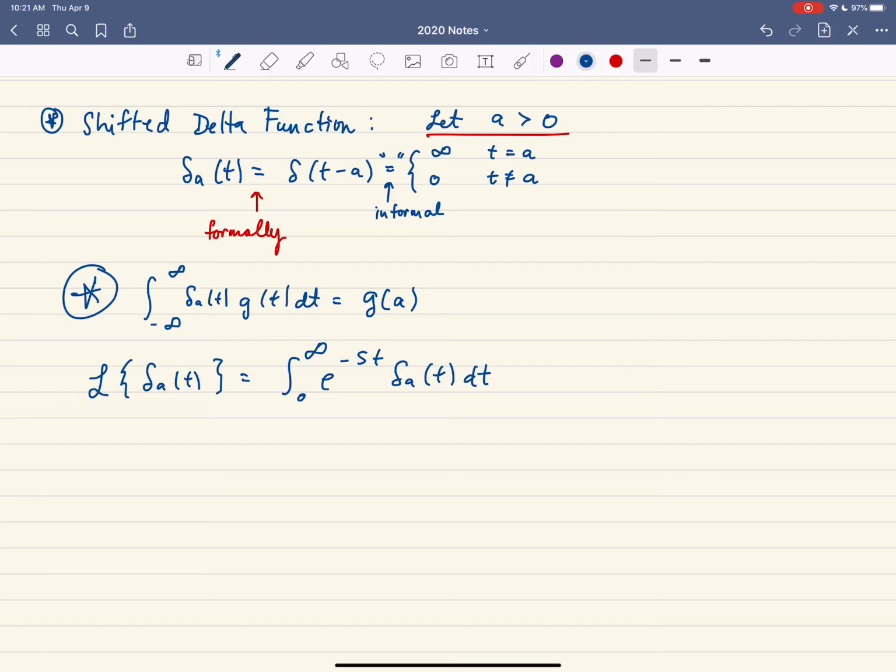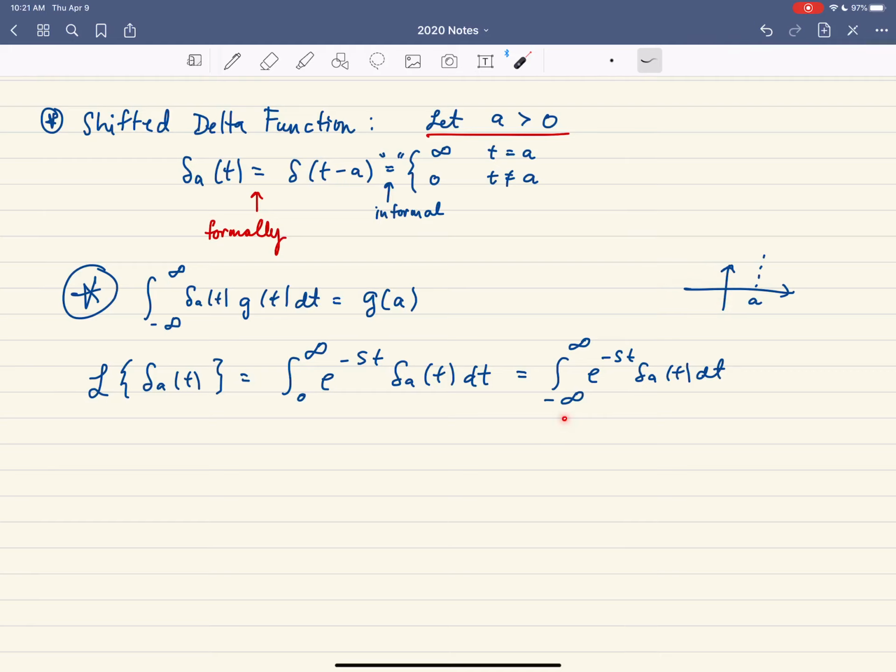Now, if we integrate from 0 to infinity e to the negative st delta sub a of t, and if a is positive, for the reasons that we just said, this is actually the same as, you don't really need to write this out, the integral from negative infinity to infinity e to the negative st delta sub a of t dt. The reason is that the integral from negative infinity to 0 is going to be 0, for the same reasons, if a is positive.